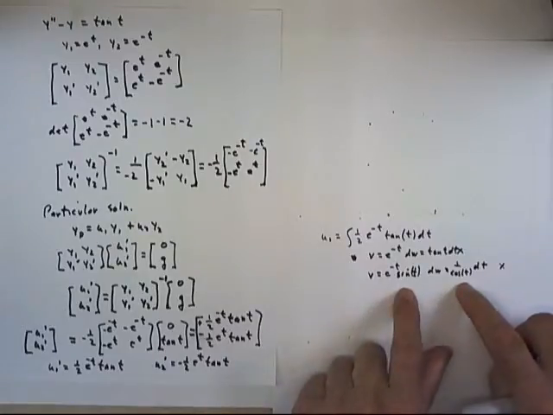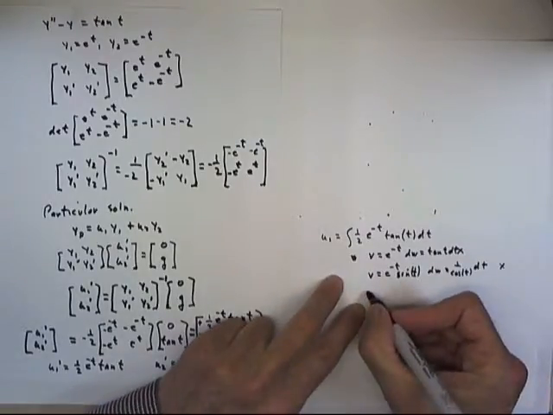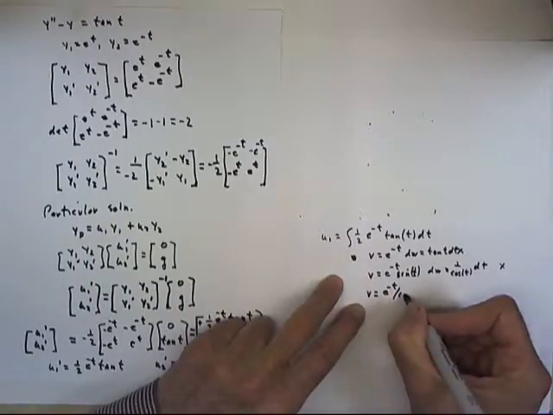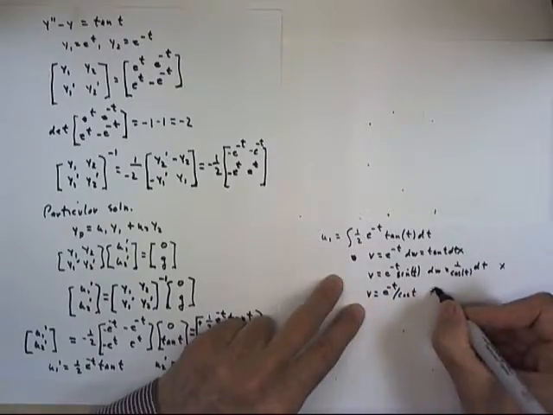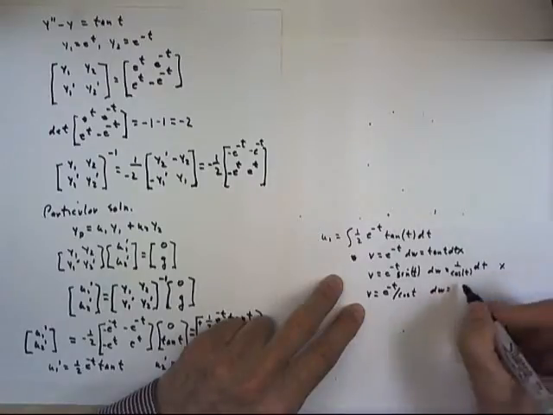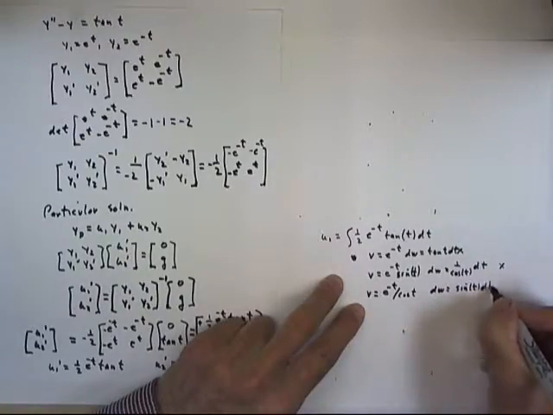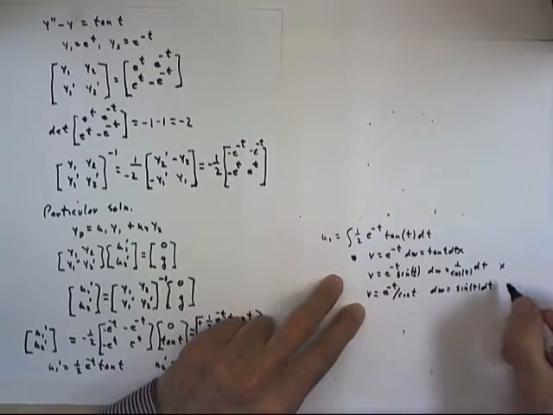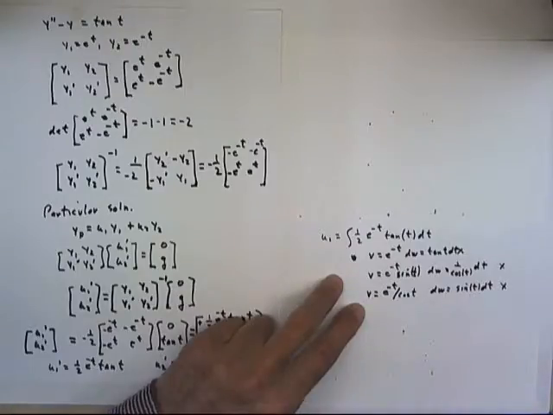You can play around with this breakdown and see. We could let v equal e to the negative t over cosine t, so that dw equals sine t dt. This is certainly integrable. We can certainly find the derivative of this, but this really leads nowhere.